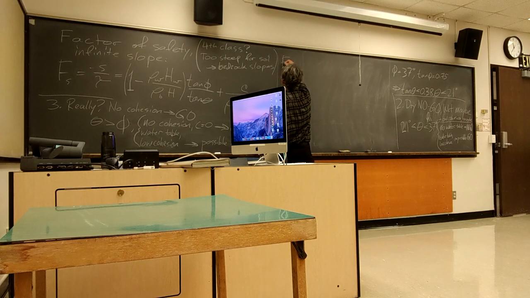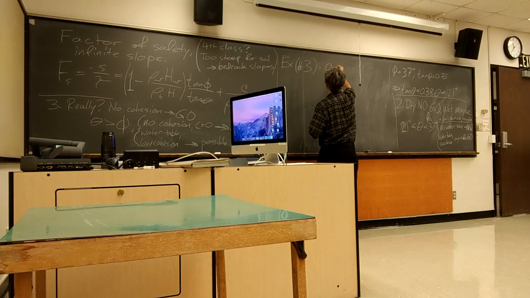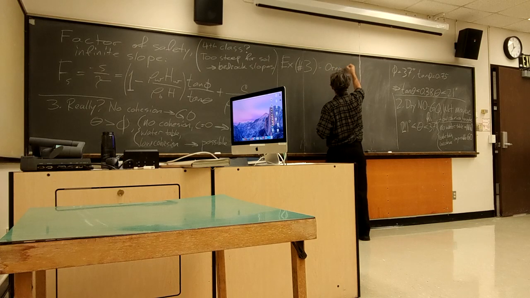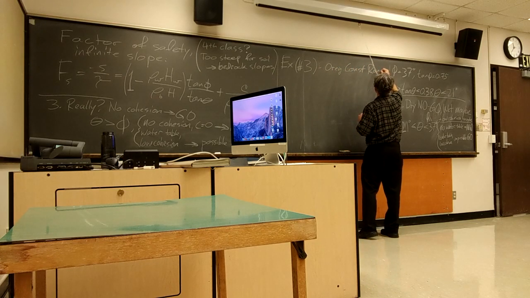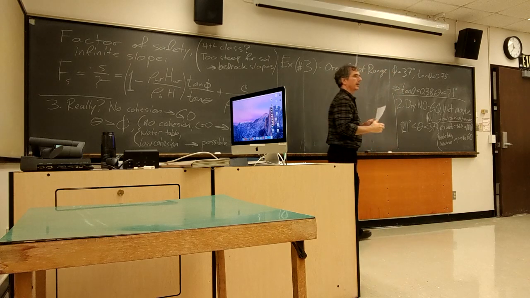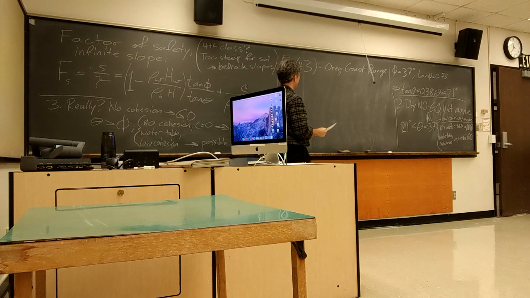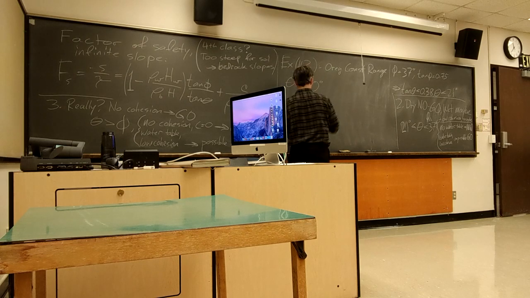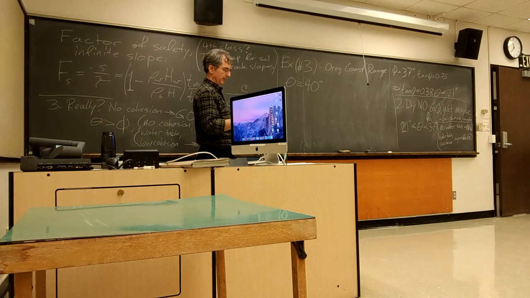So take the example, number 3, Oregon Coast Range. And specifically, I guess I'd say the Tyee Formation part, southern to central Coast Range, where we've generally got theta greater than or about equal to 40 degrees. Not everywhere, of course, but a lot of the slopes are sitting that steep.